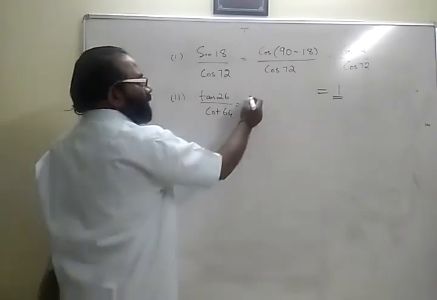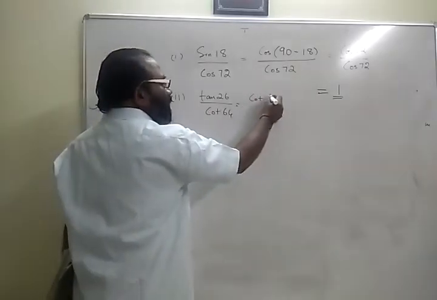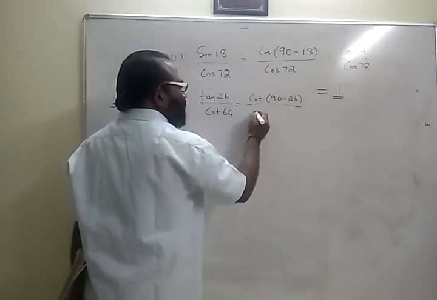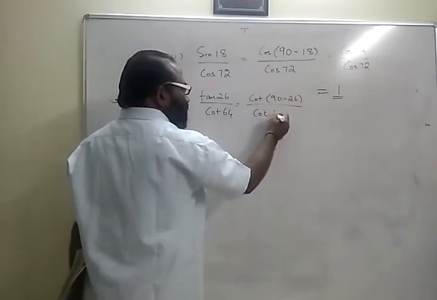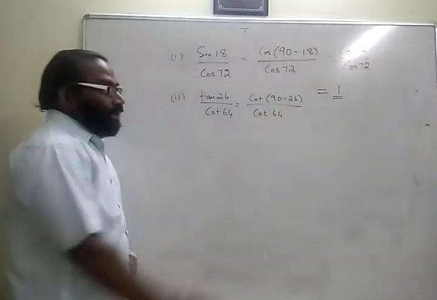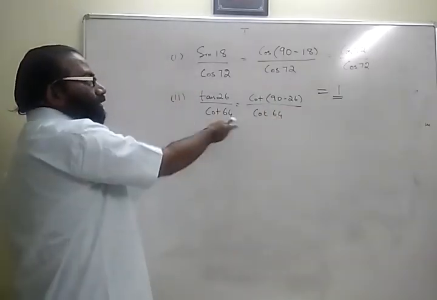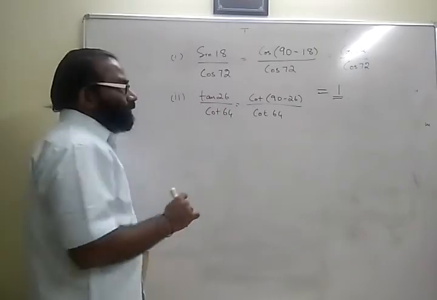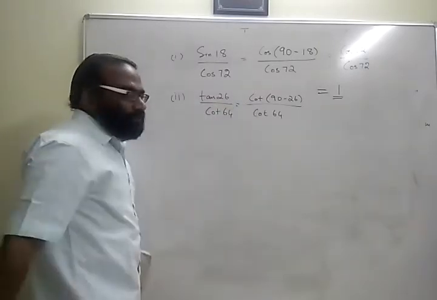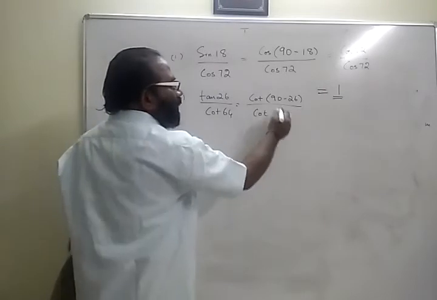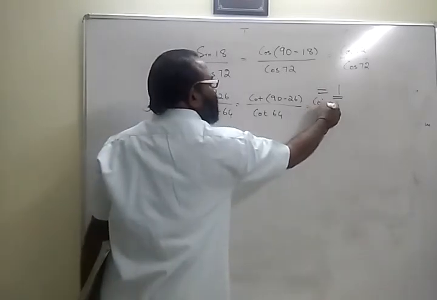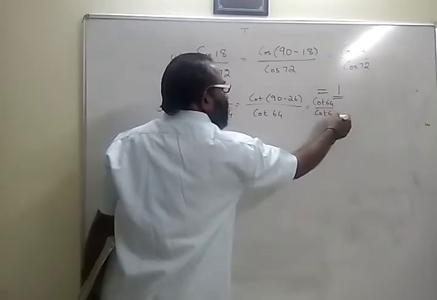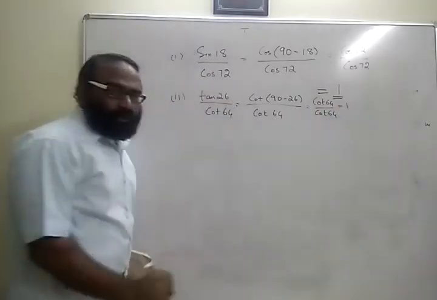So tan 26, I can write it as cot 90 minus 26, and this can be written as cot 64. I am not going to make any change in it. If I make a change to tan, then that becomes cot and this becomes tan, and again we are stuck with the problem. So now I have made both of them as cot, and cot 90 minus 26 is cot 64. And so cot 64 by cot 64 is equal to 1.